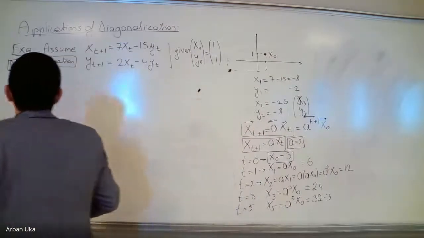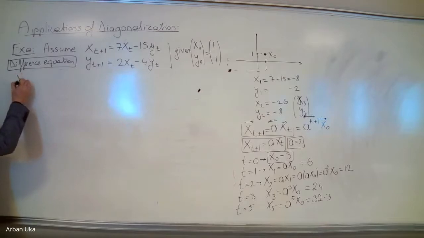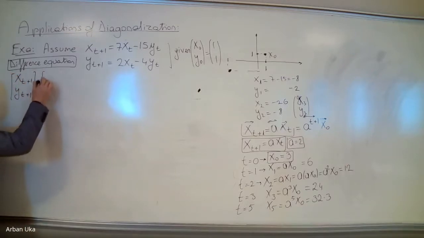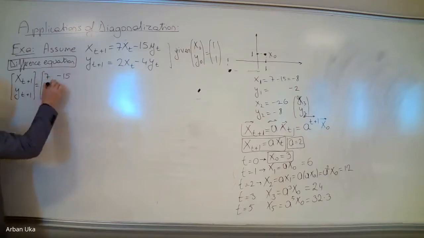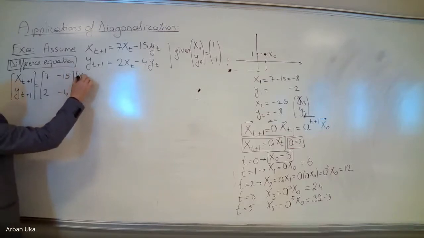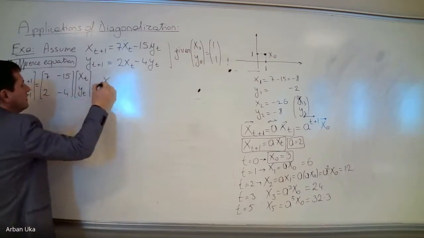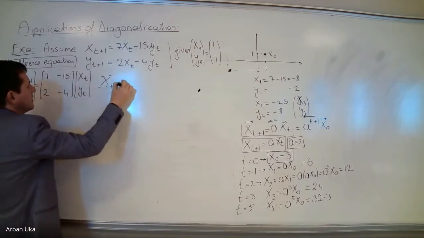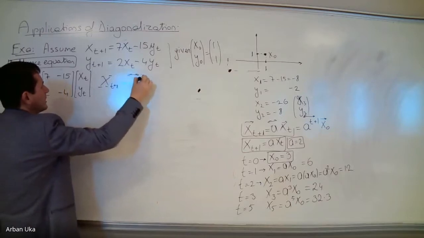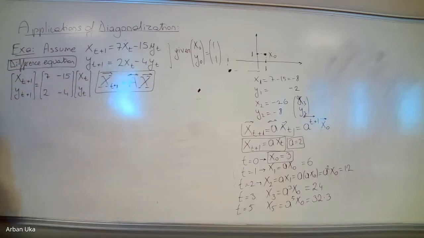So for this system, if we can use diagonalization, well, let's first define the problem a little differently. So x_{t+1}, y_{t+1} is equal to the matrix [7, -15; 2, -4] times (x_t, y_t). So this is our problem, which is defined as any vector x_{t+1} equal to a 2 by 2 matrix times this vector x. Okay, so this is how we pose the problem.